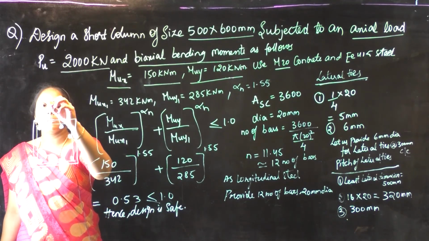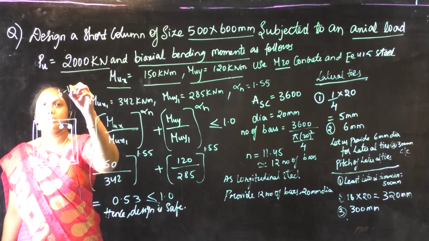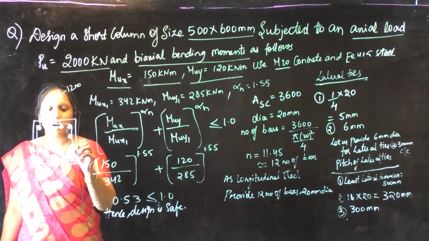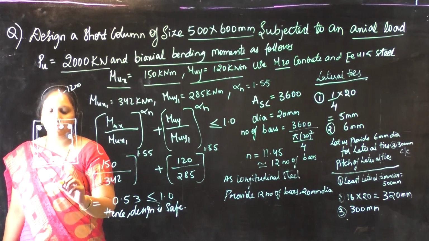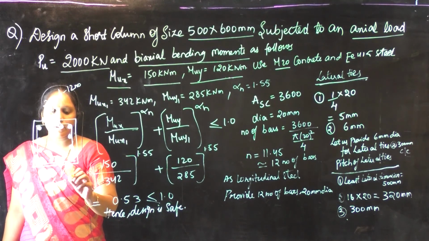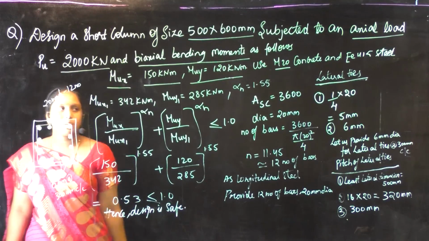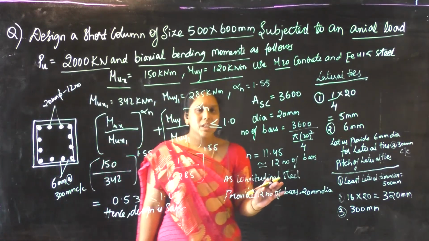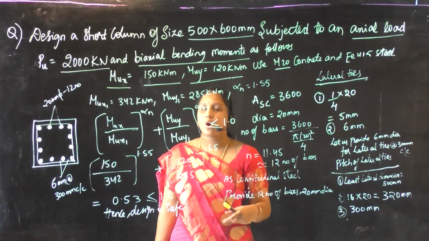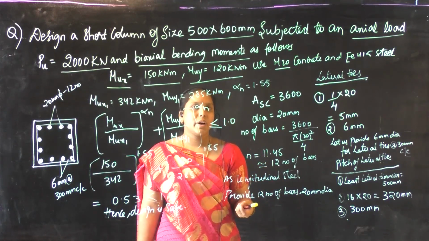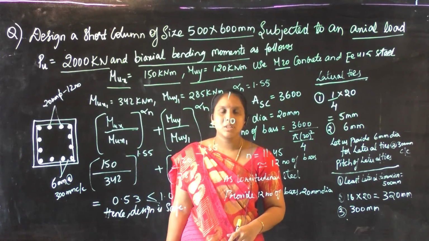So these are 20 mm dia bars, 12 in number, and this is the lateral tie. The dia of the lateral tie is 6 mm at 300 mm center to center. So this is how we have to design a short column which is loaded axially as well as when you have biaxial bending moments. Thank you.